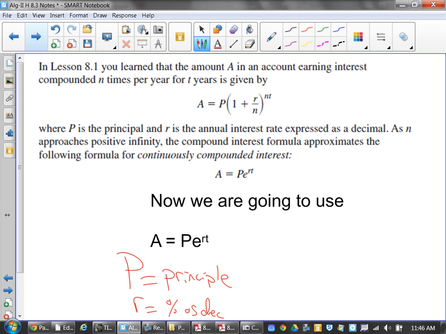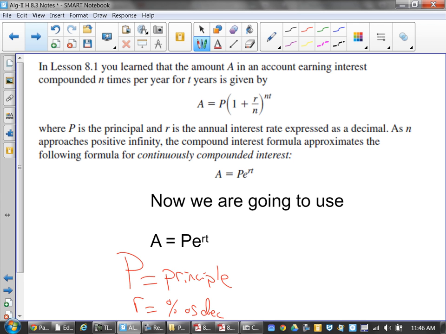Pert. So this is where the PERT stuff comes in. When we did our compounding interest problems yesterday, we talked about the number of times something was compounding within a calendar year. We talked about it compounding quarterly, daily, semi-annually, or whatever. That was that value of n.